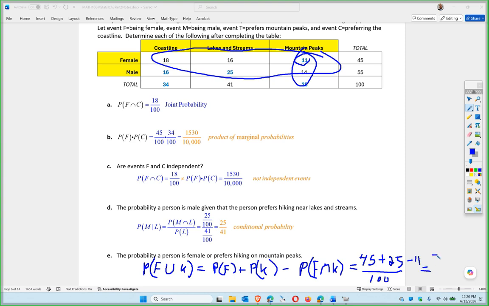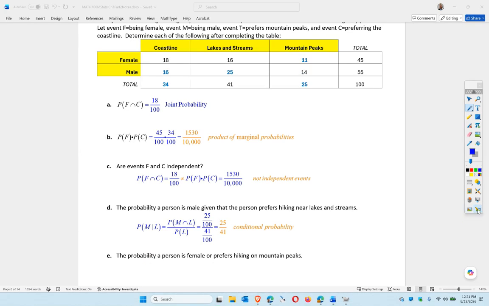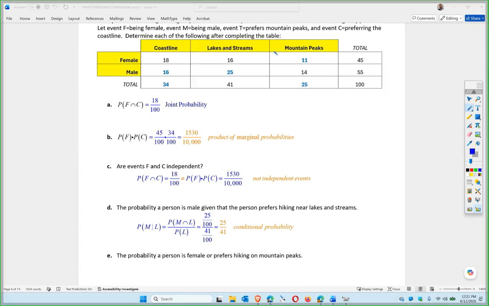So we're going to get 59 out of 100, essentially, right? Okay, so that's a marginal one, or I'm sorry, not mutually exclusive. So we add up this way, and we add up this way, and we had the overlap of 11. So it ends up being 59 over 100, so they're not mutually exclusive events, essentially.